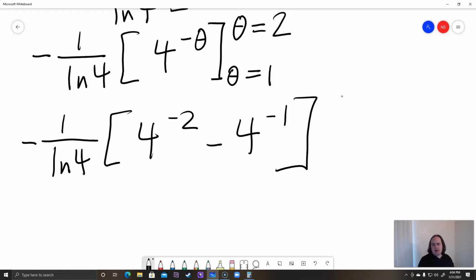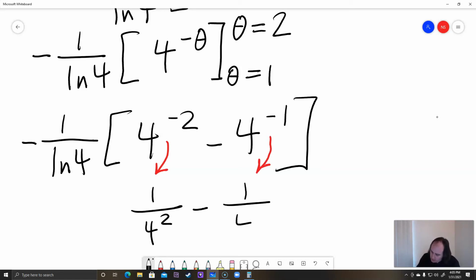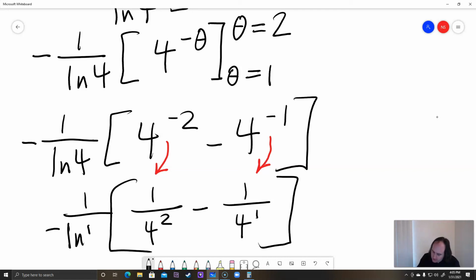So sadly, if you don't have a calculator or you don't want to use a calculator, you're going to have to rewrite these negative exponents as positive ones by turning them into fractions. So if I move this 4 to the negative 2 to the bottom and the 4 to the negative 1 to the bottom, I'm actually going to have 1 over 4 squared minus 1 over 4 to the 1. And then we still have the negative 1 over ln of 4 out front.